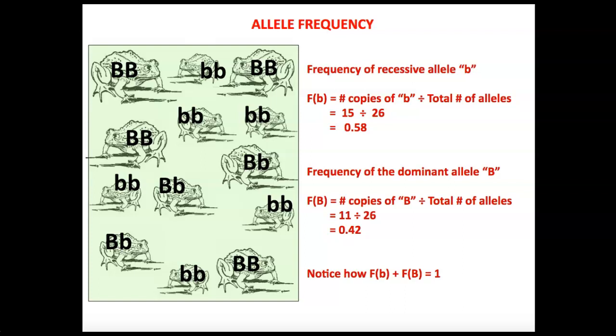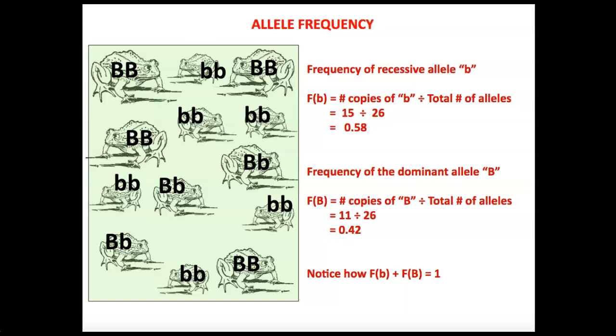So there are 26 total alleles because these individuals are diploid. There are 15 little b alleles in this population, which we divide by the total number of alleles, which is 26, for an allele frequency of 0.58 or 58%.